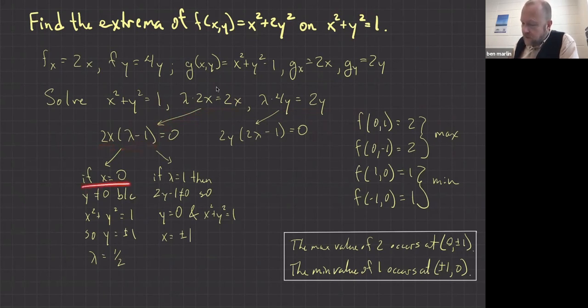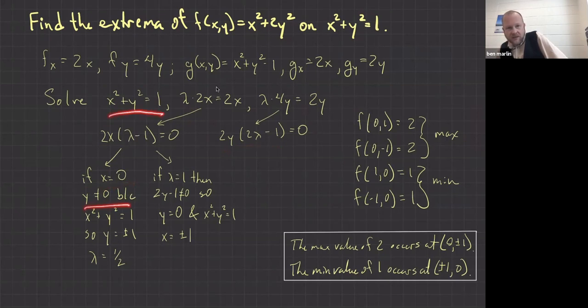If the first one is 0, then if x is going to be equal to 0, then taking a look at our other two factors from the g sub y, because x is 0, y can't be 0, and the reason y can't be 0 is actually from our circle here. If x is 0, then your y squared has to be plus or minus 1, right? And so we'll get that y squared equaling plus or minus 1.